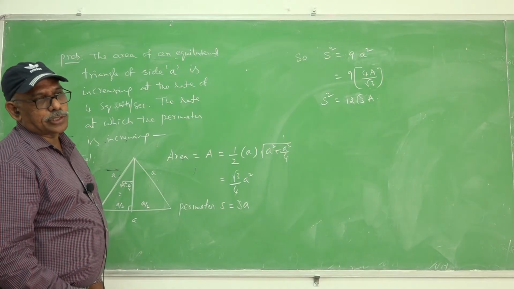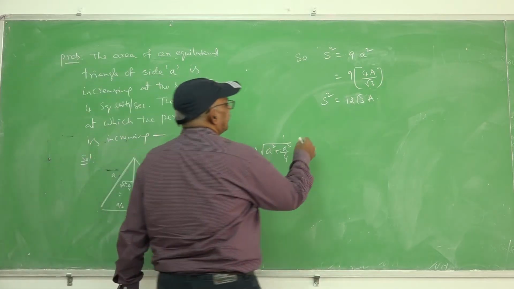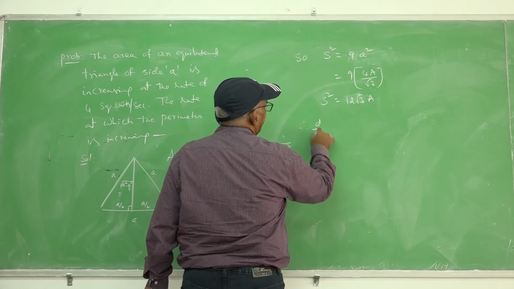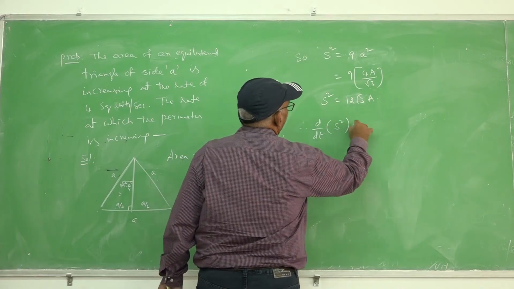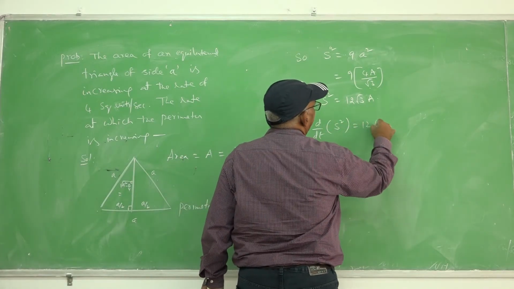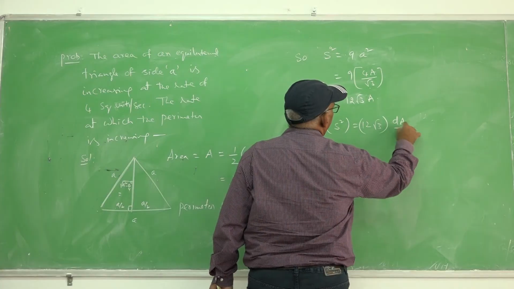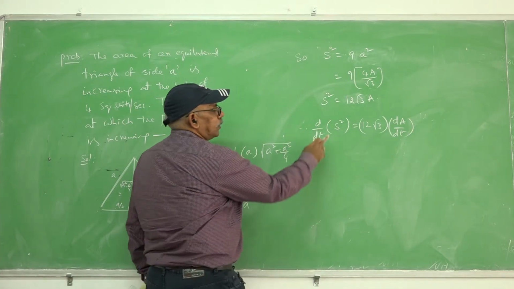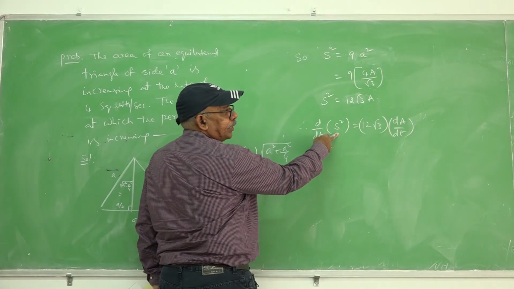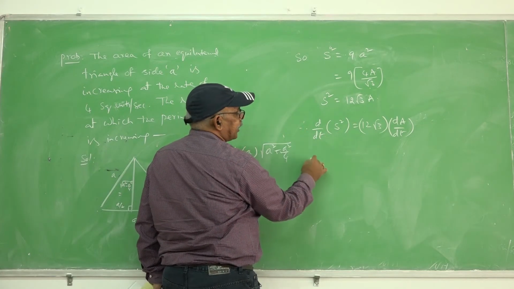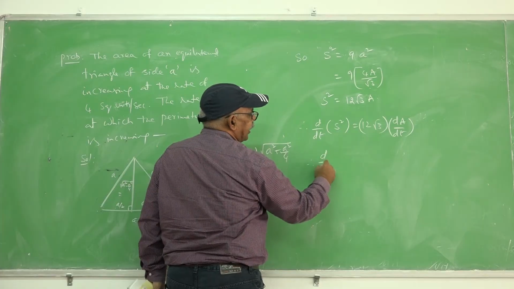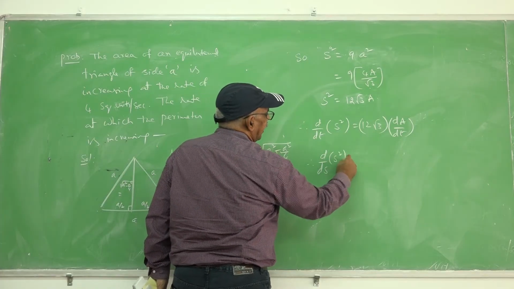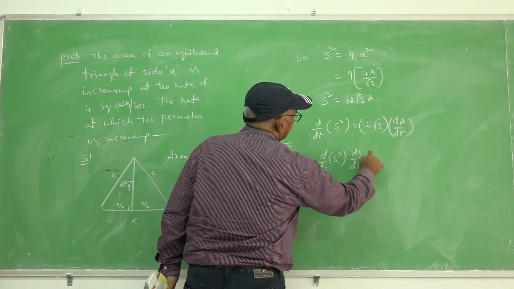Now differentiating both sides with respect to t. Therefore, d by dt of S square is 12 root 3 into dA by dt. But since it is a function of S and taking derivative with respect to t, at first take the derivative with respect to S and then S with respect to t.